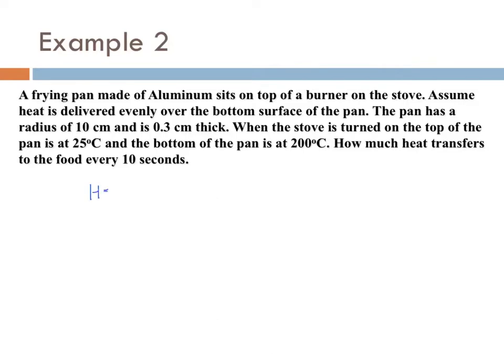H is equal to Q over T. And what we're trying to solve for is Q, the amount of heat that transfers, where T is 10 seconds. So we want to solve for Q. Now, we remember we have another equation for H, which is K, A, delta T over L. So in this problem, K is the conductivity of aluminum, which is 240.